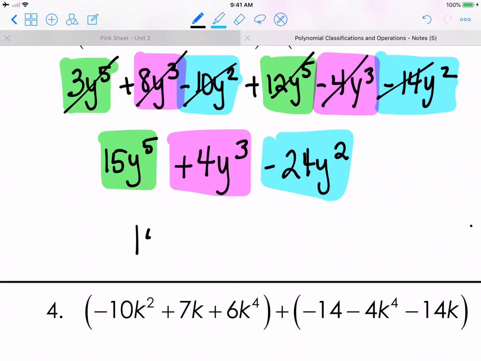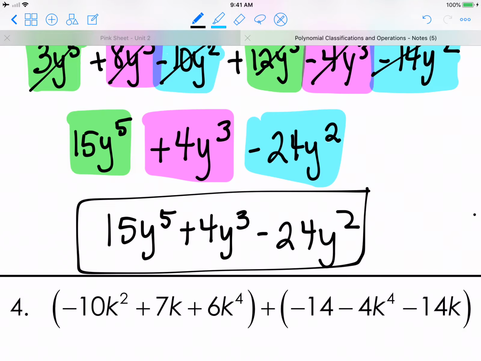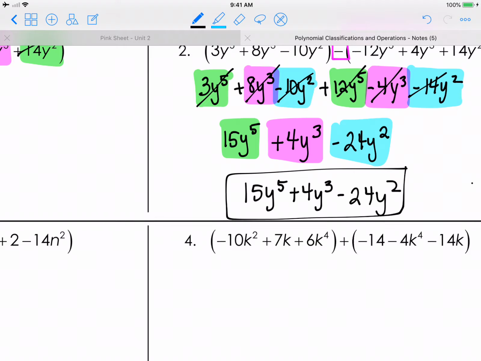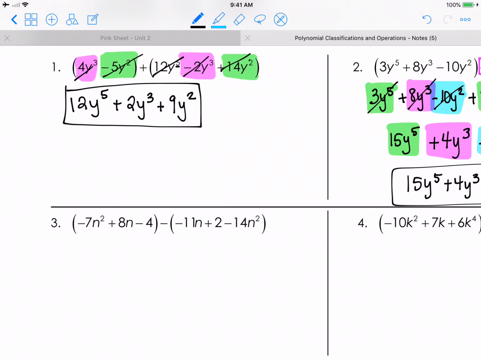So our answer is 15y to the 5th plus 4y cubed minus 24y squared. Okay, so pause right here, and I want you guys to try 3 and 4 on your own. I'm just going to do them right here, but I would love for you to pause right here and then see if you can get them right.